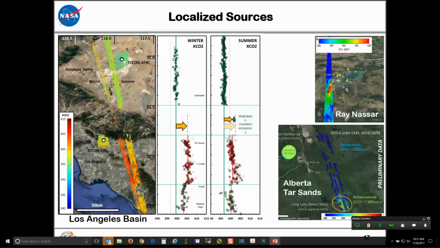We then discovered that a brand new power plant had just been brought online. I would have been a little embarrassed if we had missed this one. This one's called the Sasan Ultra Mega Power Plant. So like I said, we should have hit that one. But individual power plants produce enhancements large enough for us to see them with the OCO2 instrument if they happen to lie along one of our swaths.